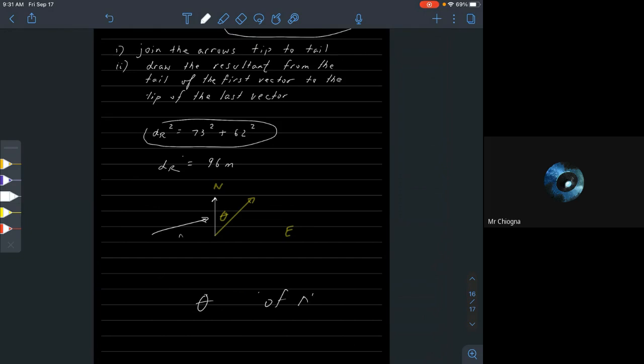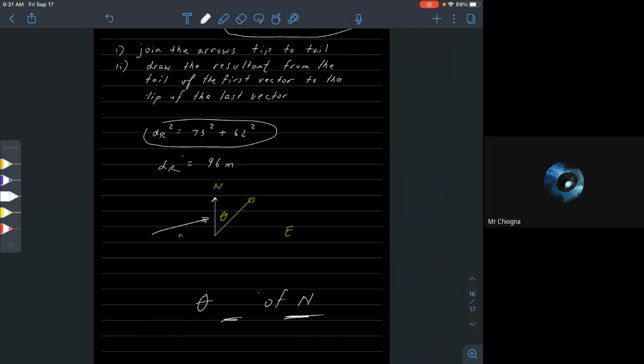We're going to have some statement that says something of north. Define that second direction by whatever the direction of the white arrow is. In this case, up, north. Can't just say north.